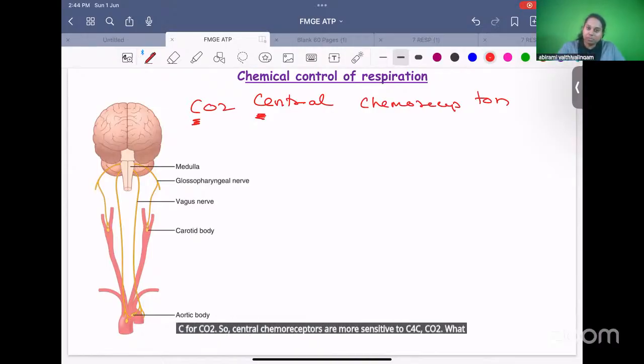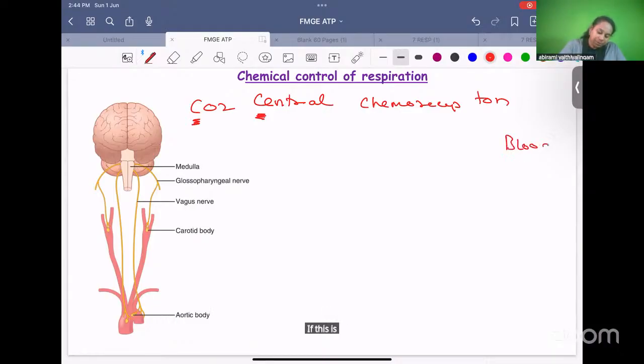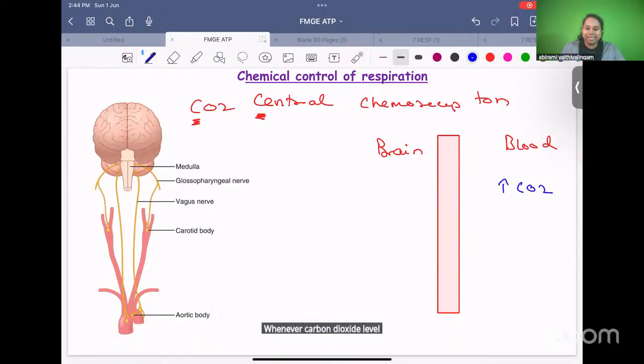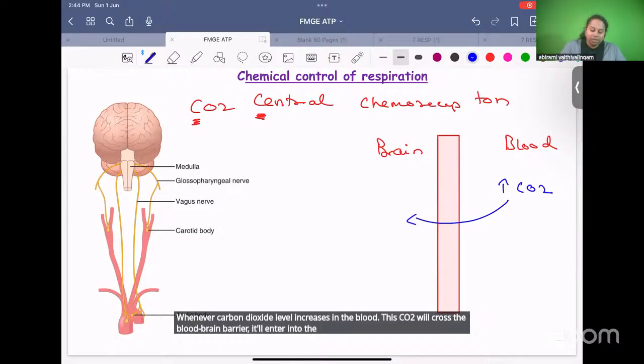What is the mechanism of central chemoreceptors? If this is the blood and this is the brain, between them is the blood-brain barrier. Whenever the carbon dioxide level increases in the blood, this CO2 will cross the blood-brain barrier and enter the brain.